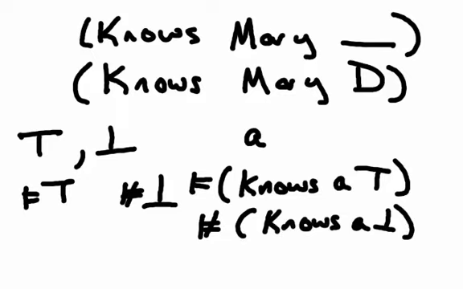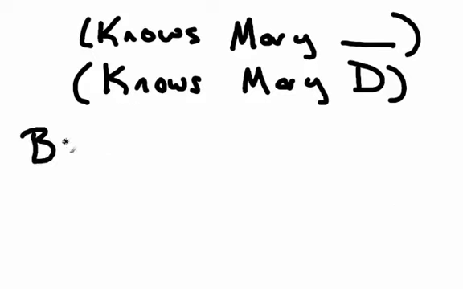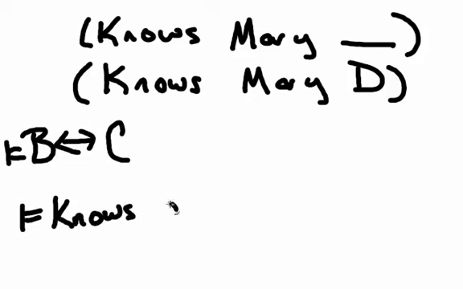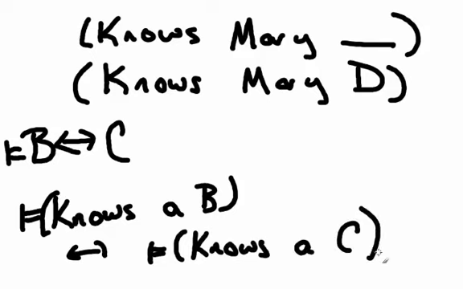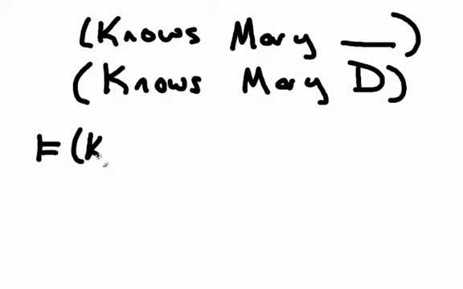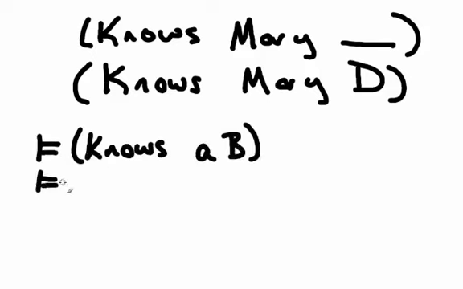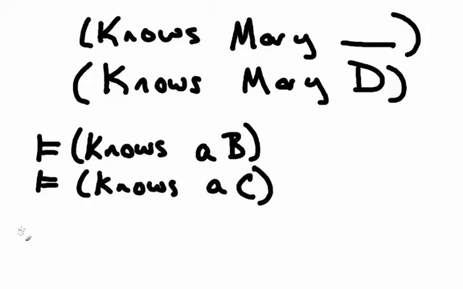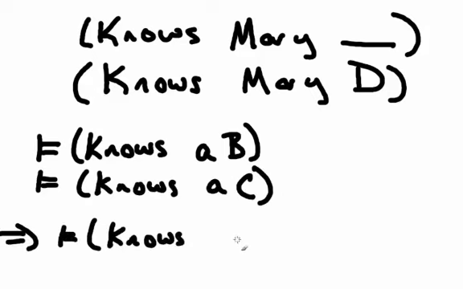Next, let's assume that if two propositions B and C are equivalent, then an agent A knows B if and only if A knows C. Finally, let's assume that if an agent A knows B and an agent A knows C, then the agent A knows B and C, the conjunction of B and C.